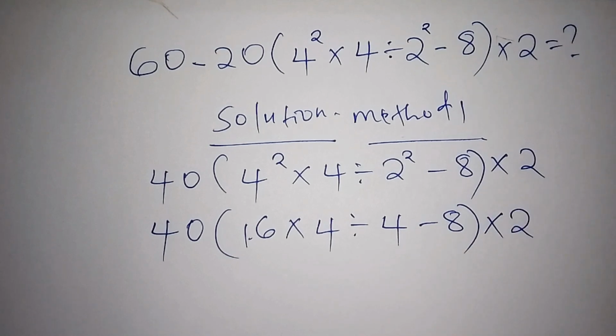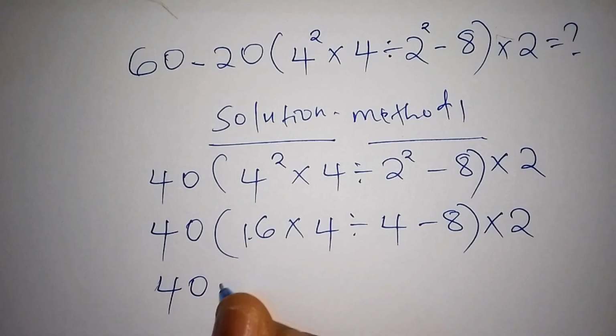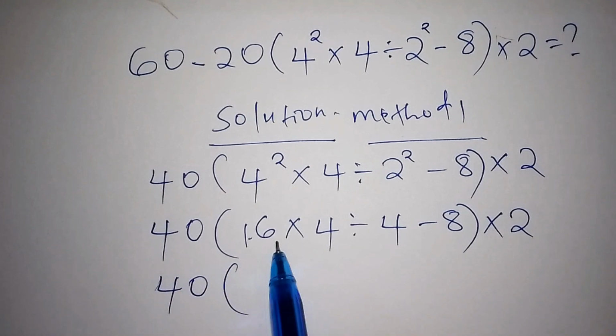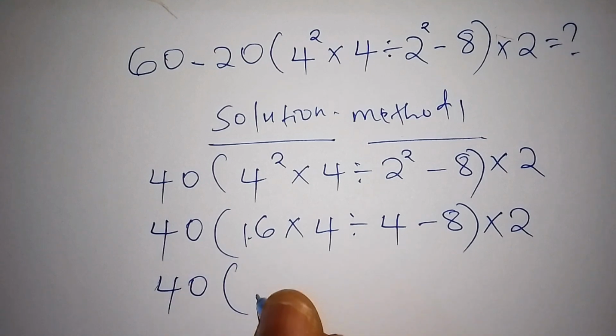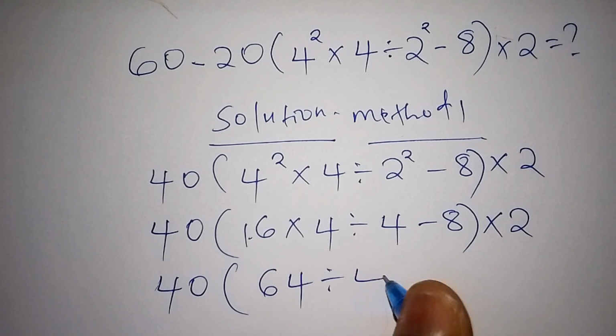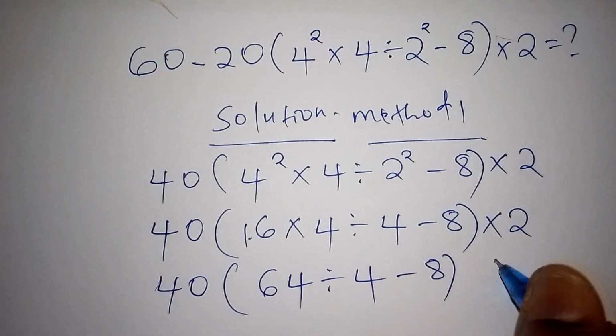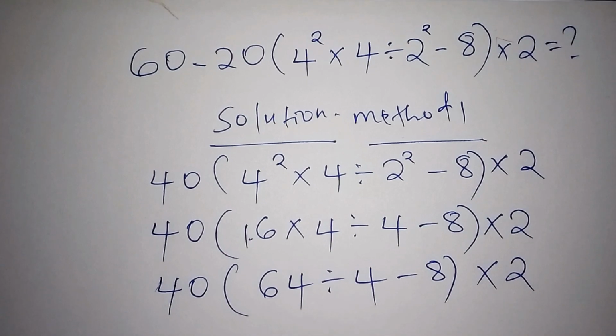We're still working out the bracket, so we are not yet done. Our next step: we have 40, then the bracket, now 16 times 4. 16 times 4 gives our answer as 64, then divide by 4, then minus 8, close the bracket, times 2.